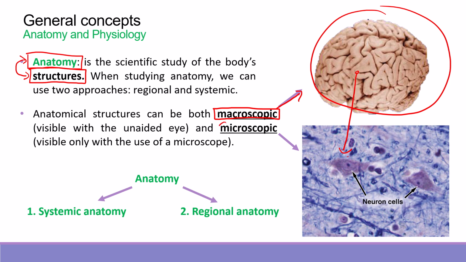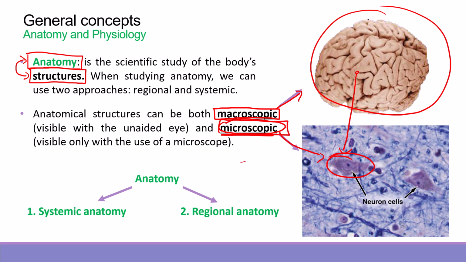So, tissues and cells can only be seen if you look under the microscope. Why? Because they're extremely small, and the study of human parts that can be seen only with the microscope is what we call microscopic anatomy.